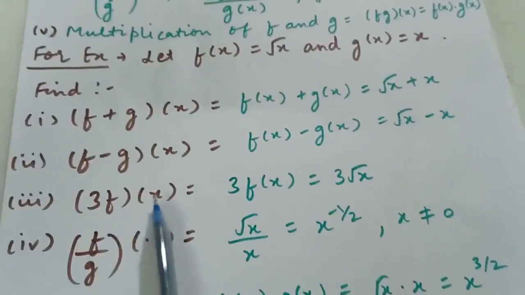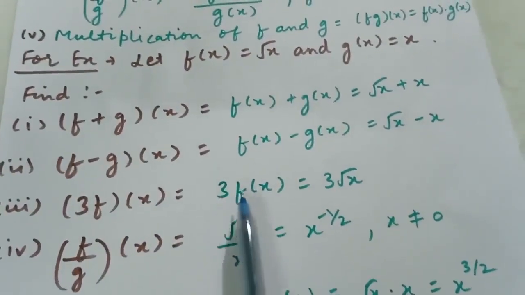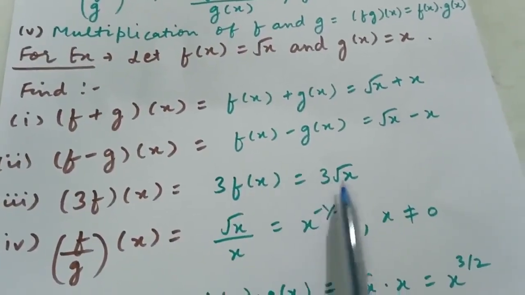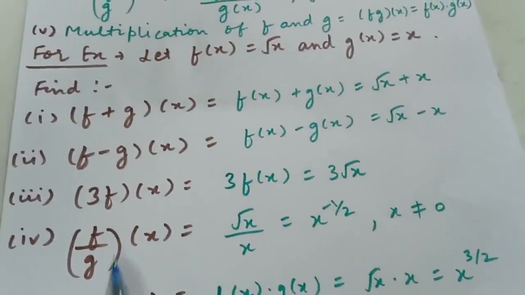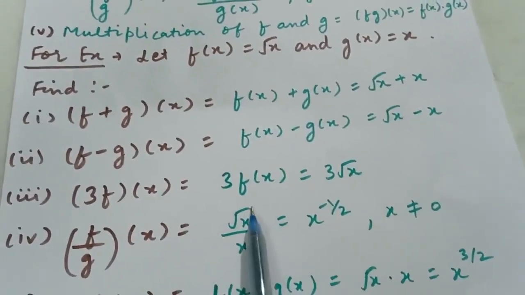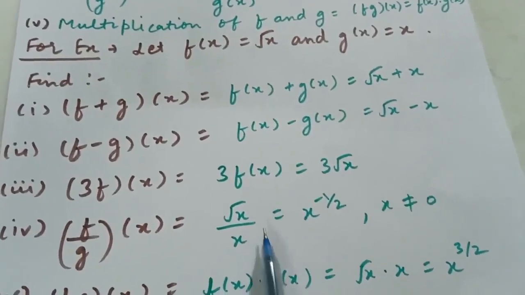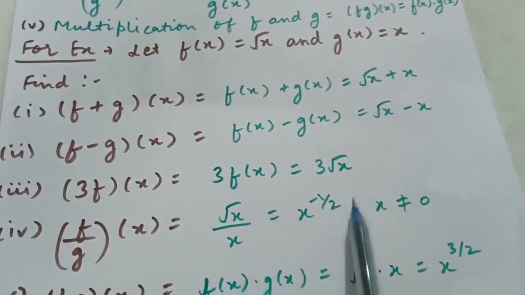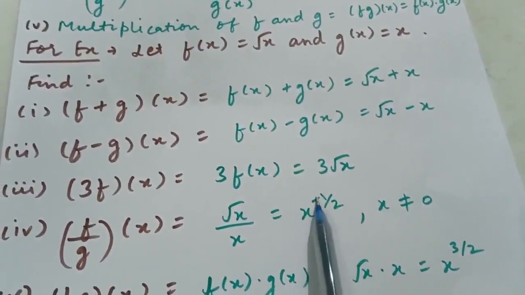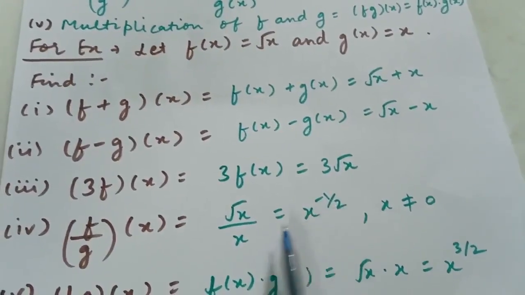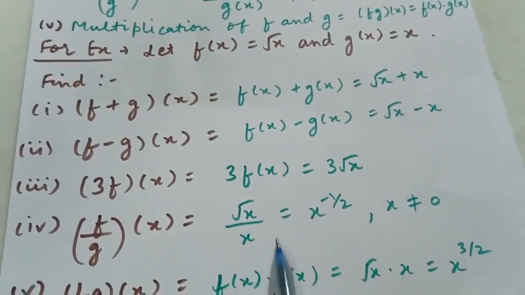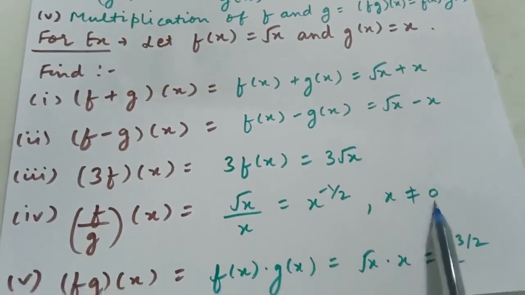So 3 of f(x) is 3 into f(x), that is 3 root x. (f upon g)(x) is f(x) upon g(x), that is root x upon x. When you cancel it out, you will get x raised to the power minus 1 by 2. Also mention that g(x) is not equal to 0.